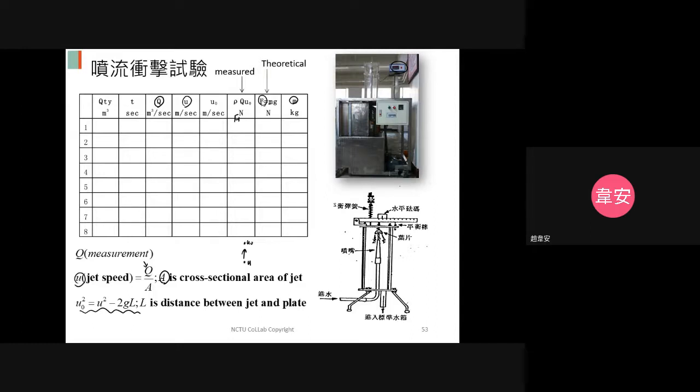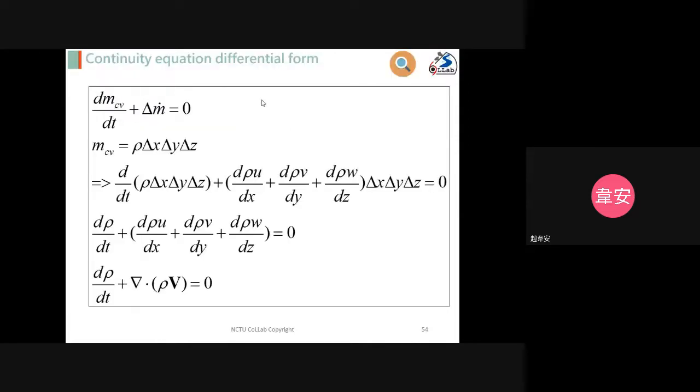So this is the laboratory experiment related to the momentum equation ideas. Next semester you will have this practice, try to understand the physical meanings and physical properties from the momentum equations. Okay, so today we stop here, and next Monday I will also introduce the momentum equation in differential form.